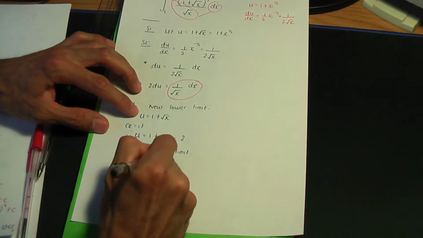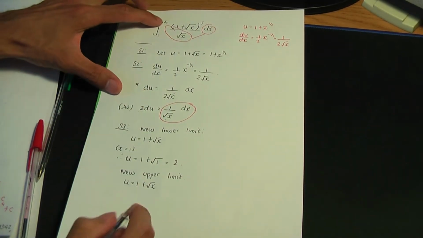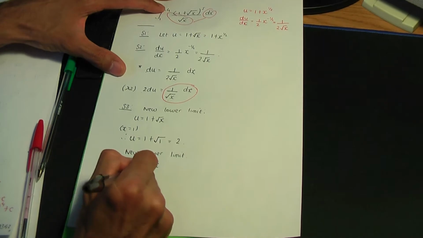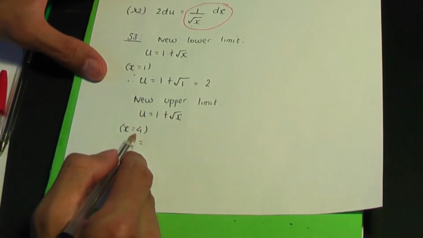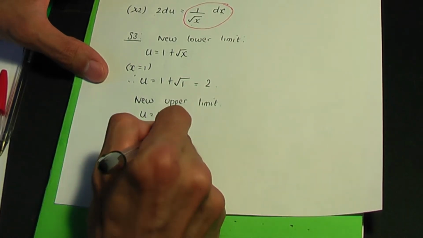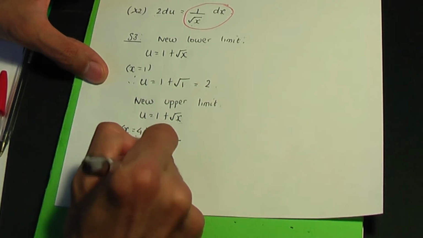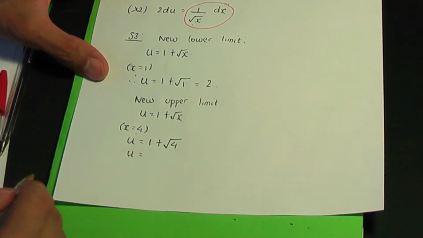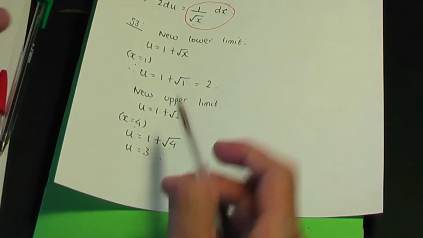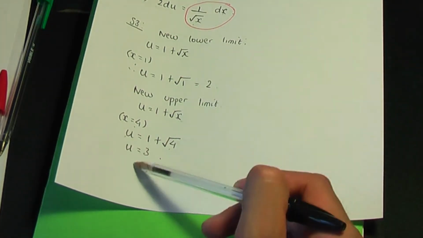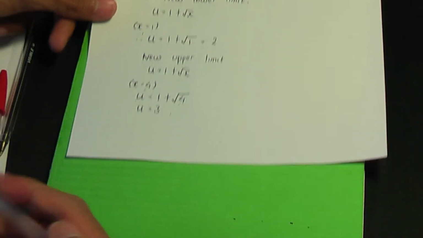So u is 1 plus root x. The old upper limit is x equals 4. If I replace x by 4 in my substitution, I'll get 1 plus root of 4. Root of 4 is 2, 2 plus the 1 is 3. So these are the new limits for our integral in terms of u.